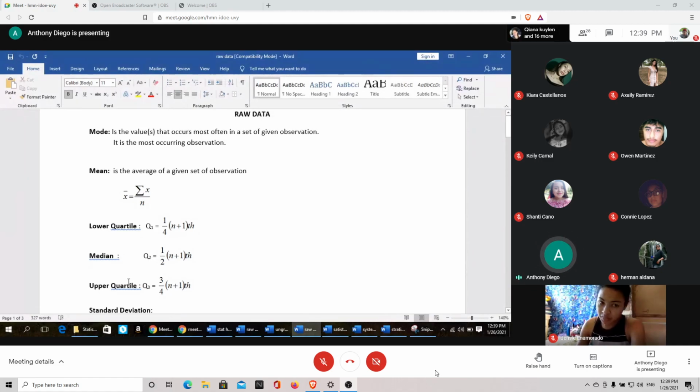And for the upper quartile, we have Q3 is equal to the 3/4 N plus 1 value. So in this case, this is representing 75% of the distribution.